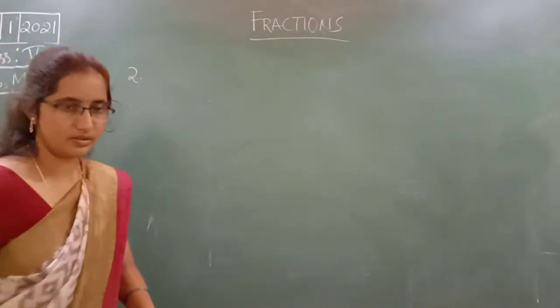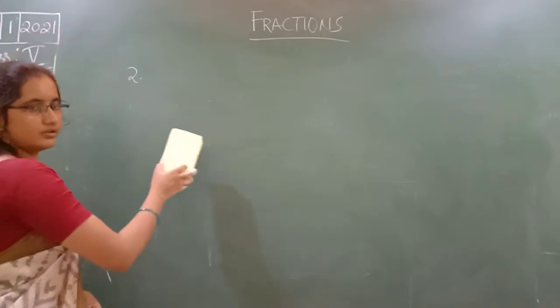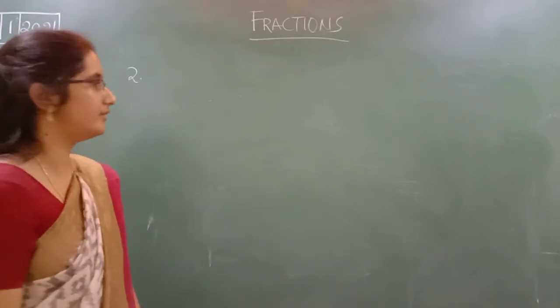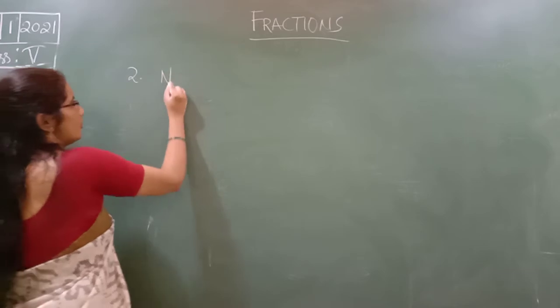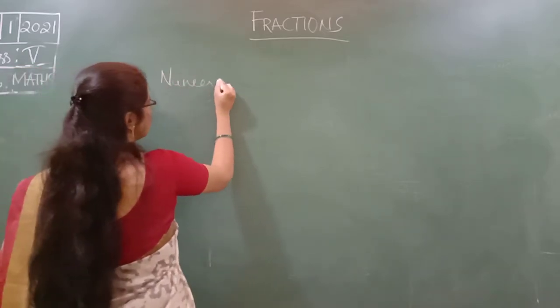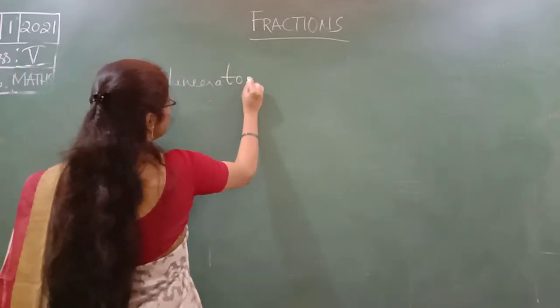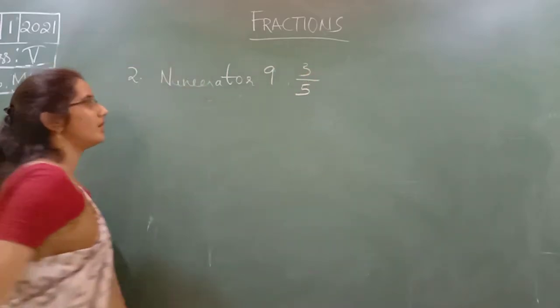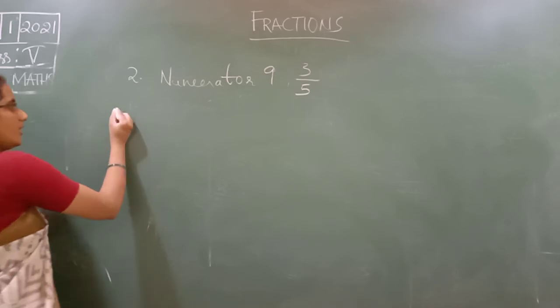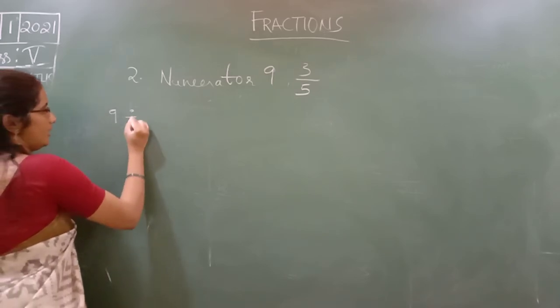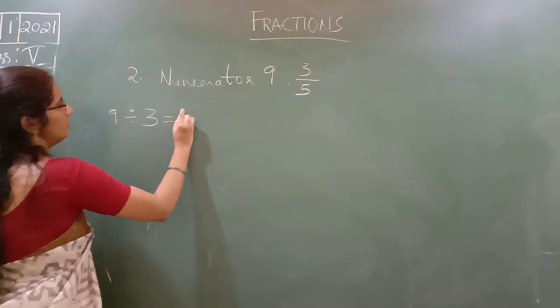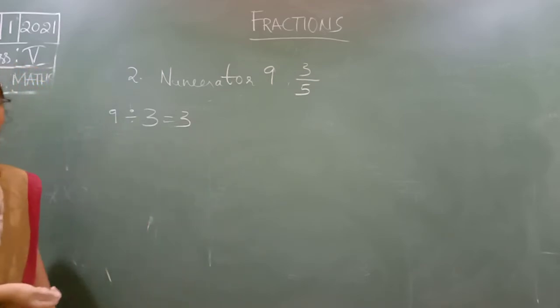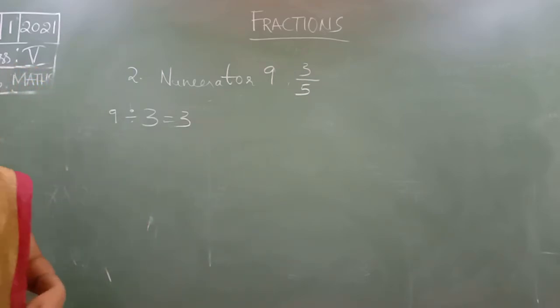Next one, we'll go with the second one. Numerator 9. So you have to get numerator 9 for 3 by 5. 9 divided by 3 equals 3.